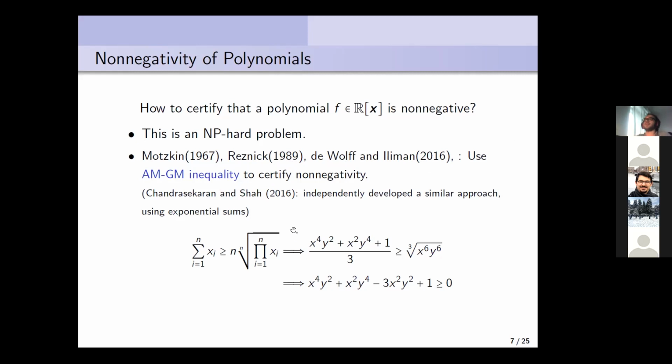A similar approach was independently developed by Chandrasekaran and Shah using exponential sums. If there are people in the audience who know or are interested in exponential sums, they can also take a look at the same theory in this paper.